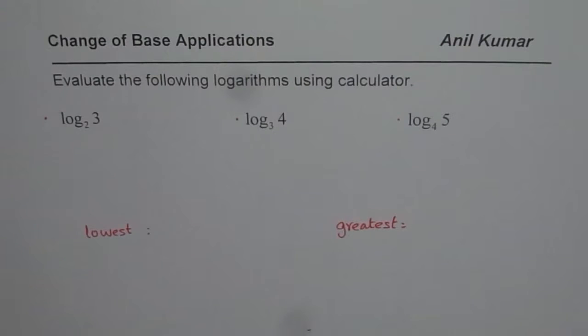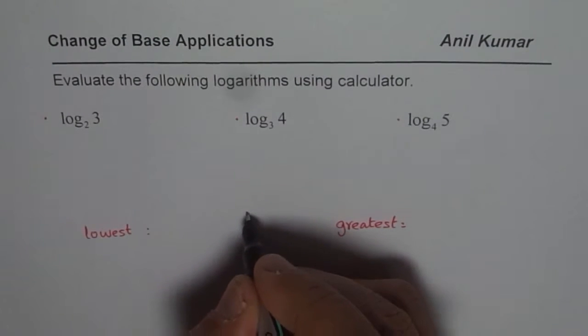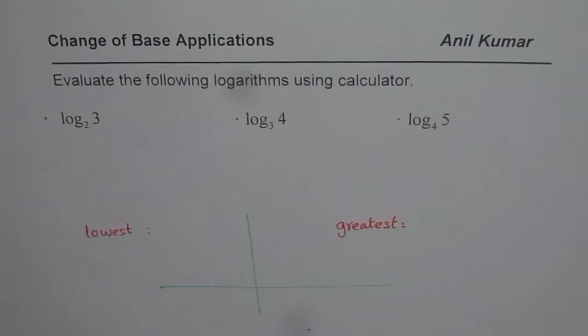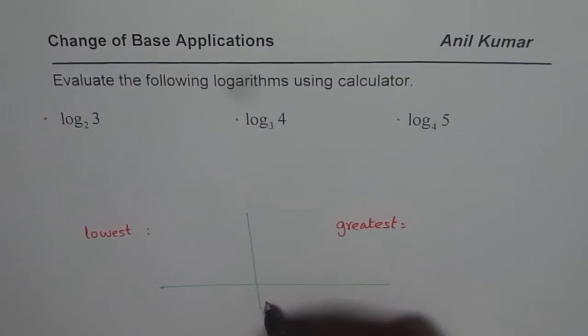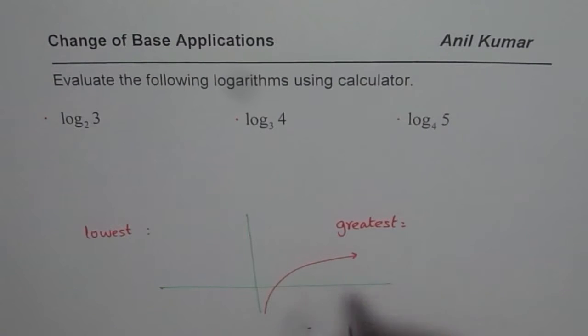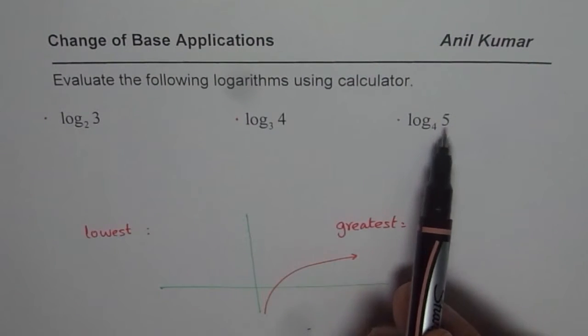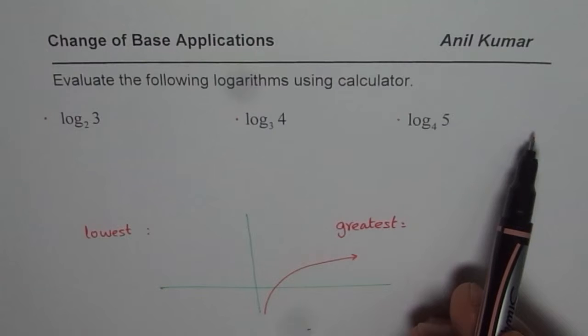Now let's begin by answering the question first. Whenever you see a logarithmic graph, what you observe is that the graph looks kind of like this. It increases faster and then slower and slower. Therefore, these ratios will be lower and lower as we move forward.